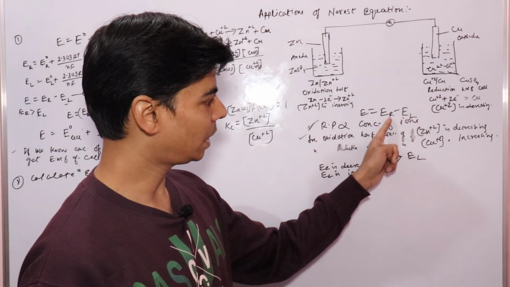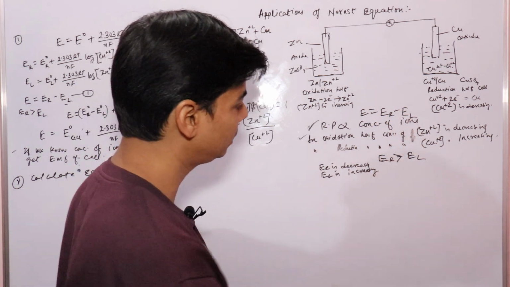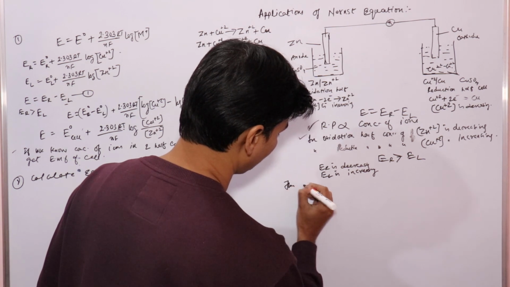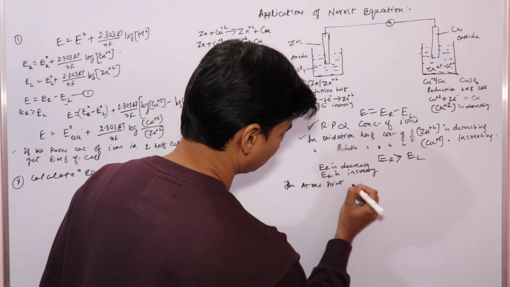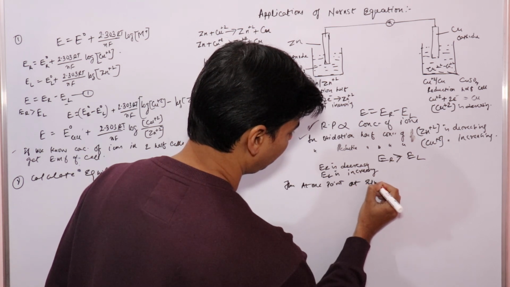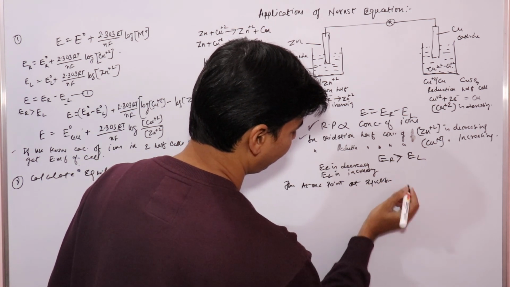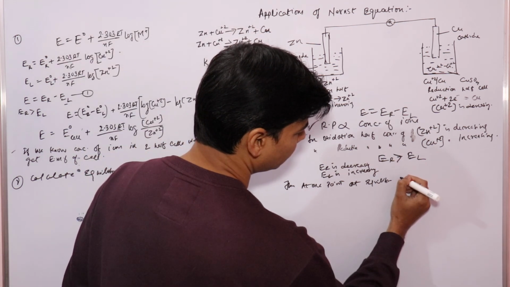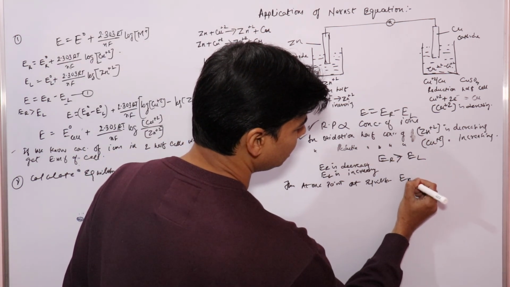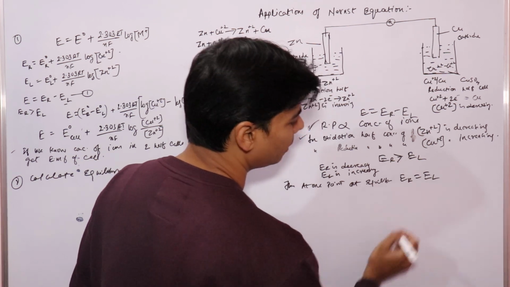And initially ER is higher than EL, right? Then at one point, at equilibrium, ER will be equal to EL, right?